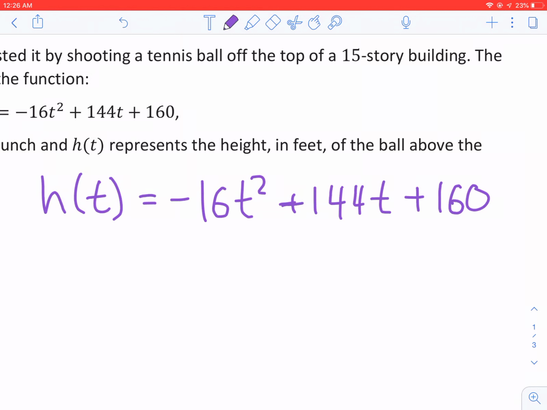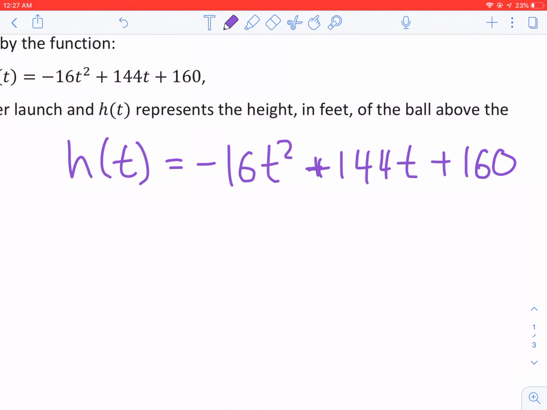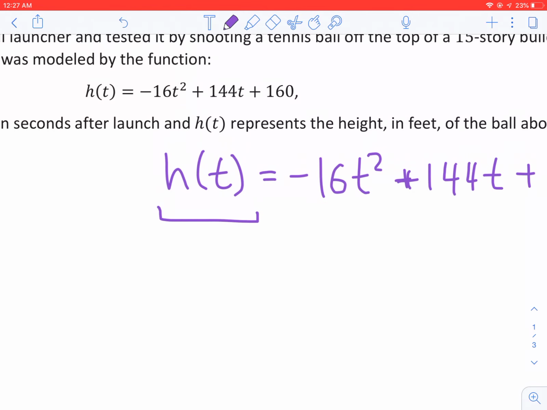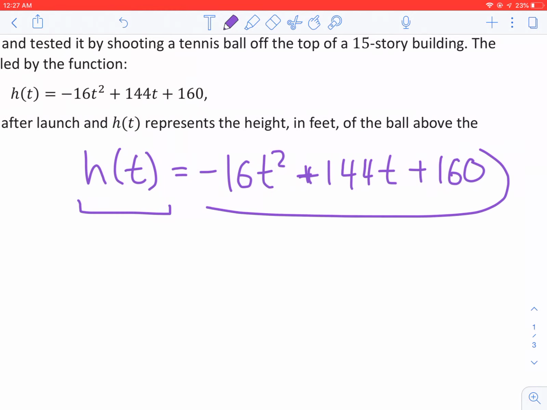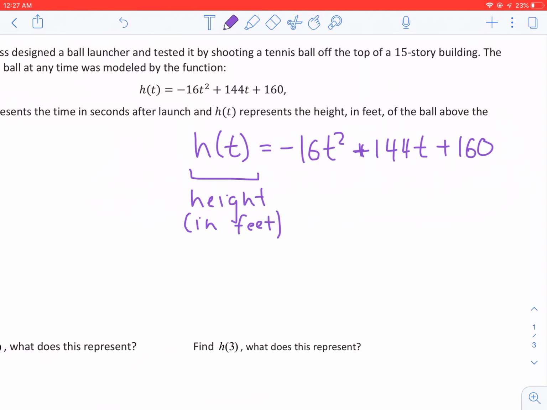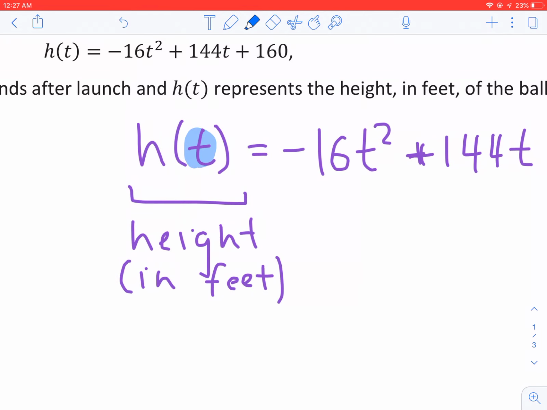First of all, function notation. They said h of t represents the height in feet. So this is the equation for the height of something. How high this ball is depends on t, and I know that because t is the input.